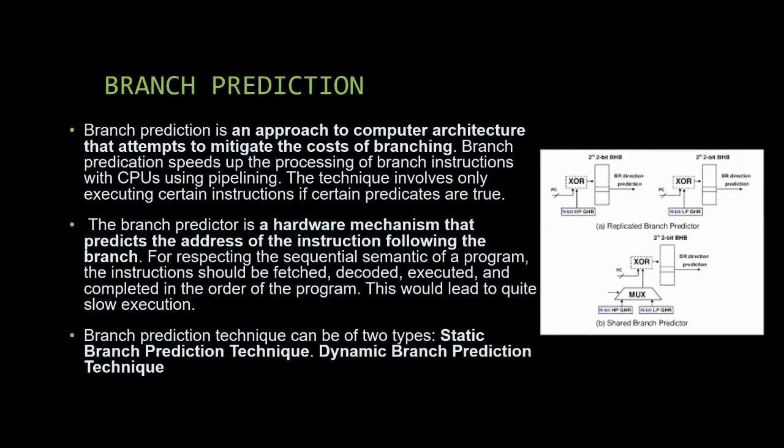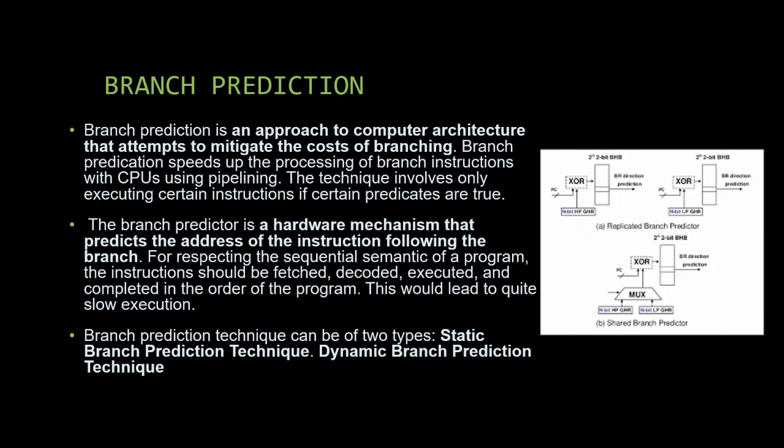Next is branch prediction. A branch prediction is an approach to computer architecture that attempts to mitigate the cost of branching. Branch prediction speeds up the processing of branch instructions with CPUs using pipelining. The technique involves only executing certain instructions if certain predicates are true.